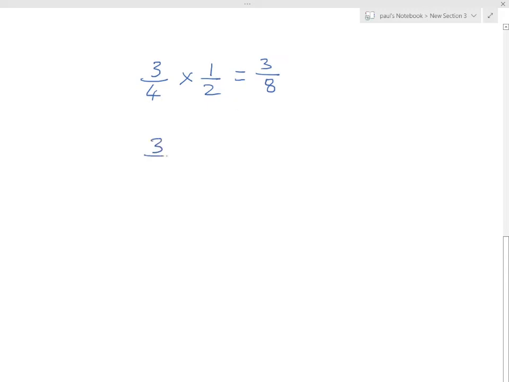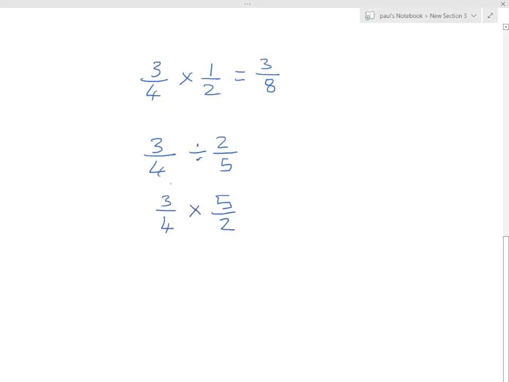When you divide, we go 3/4 divided by 2/5. I was going to use the same number, but I'd gone wrong, so let's do this one. What we need to do with this one is turn the second one upside down and change the sign to a multiply.